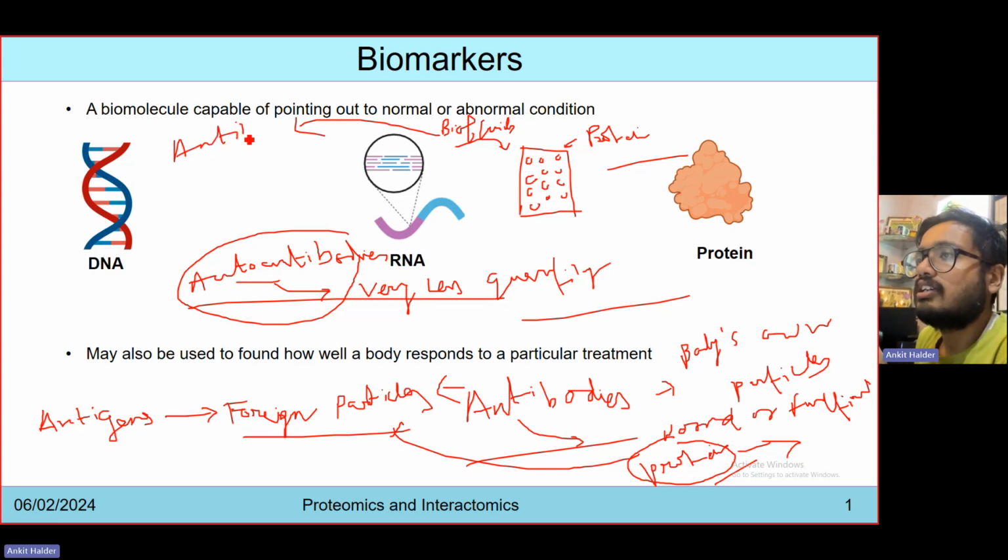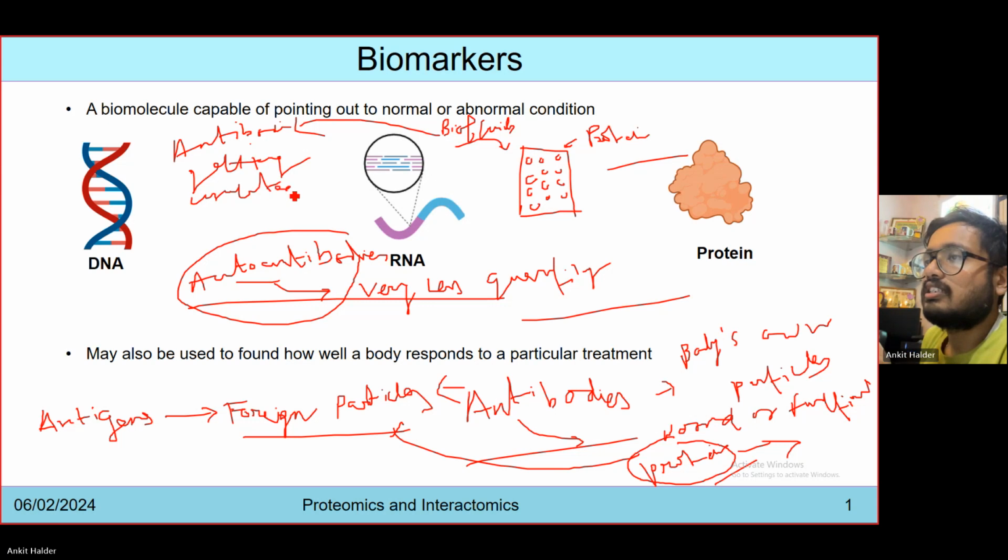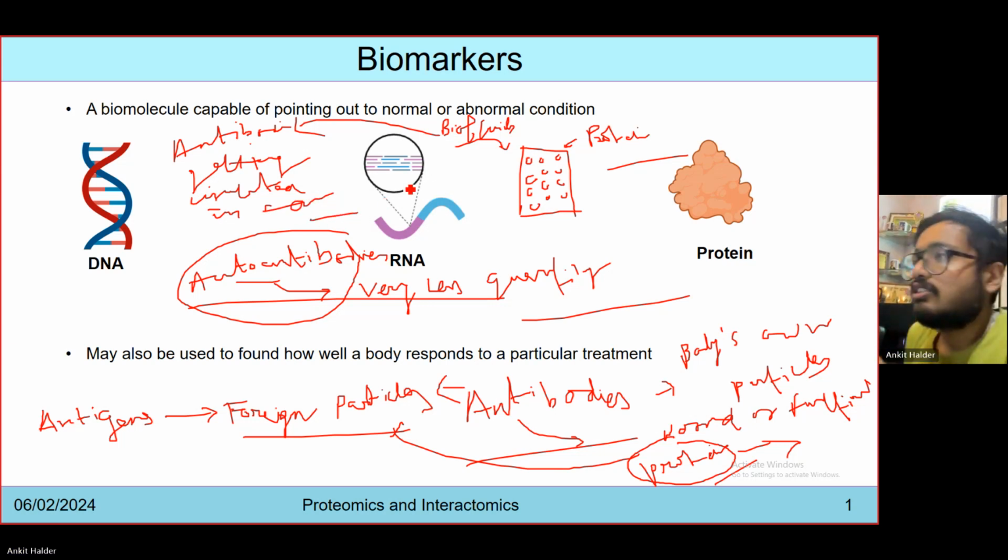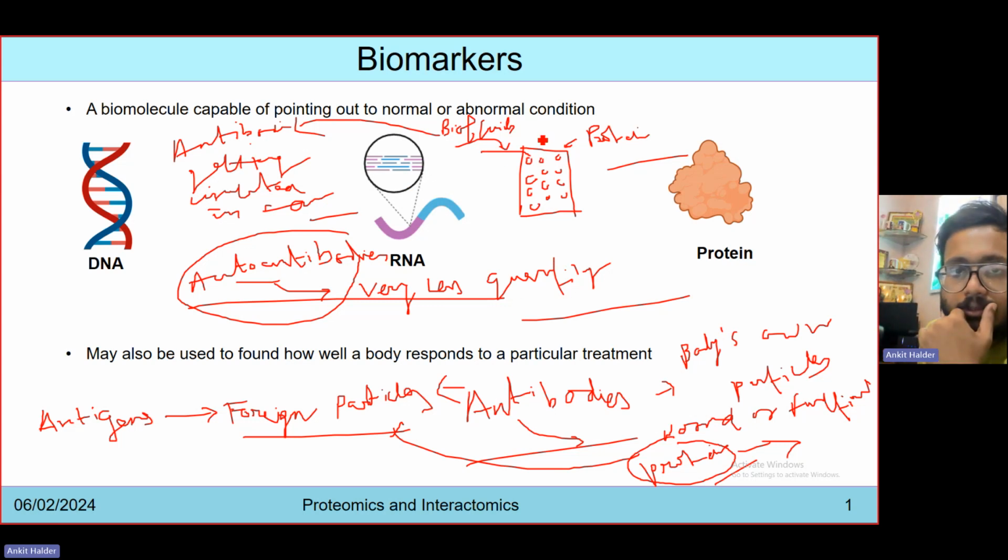So if we pass the serum over these proteins, the 20,000 or so proteins printed on a high-density array, then what will happen?